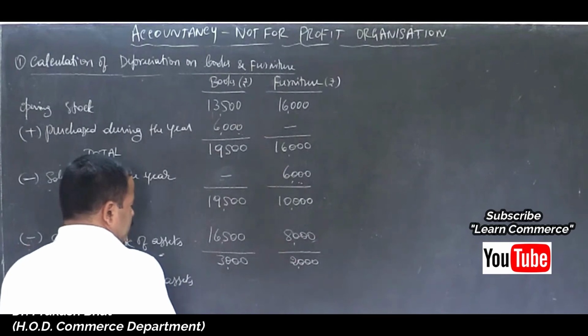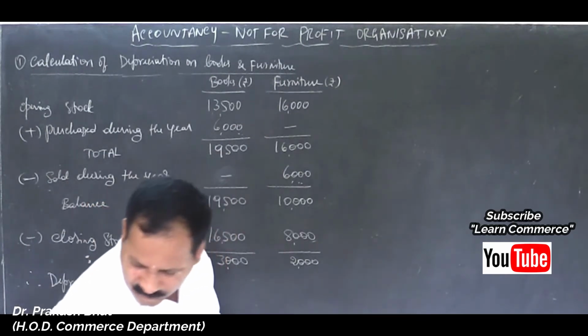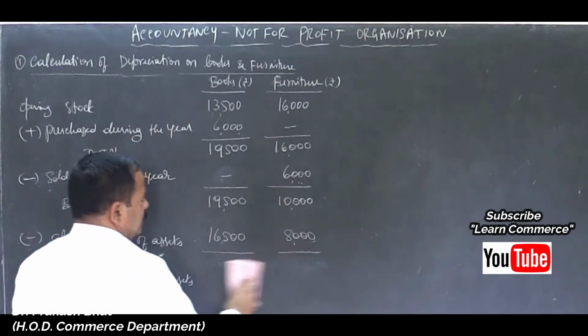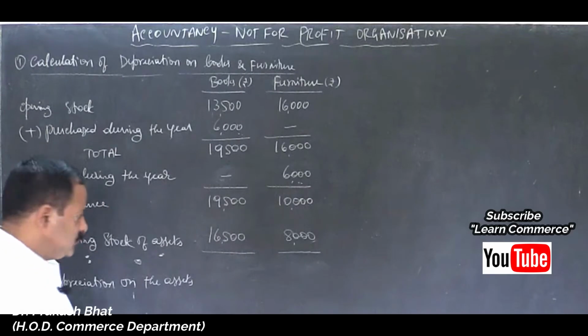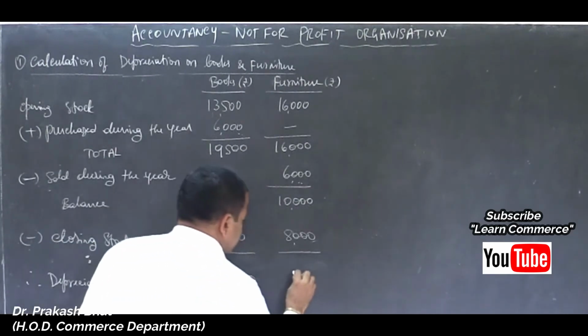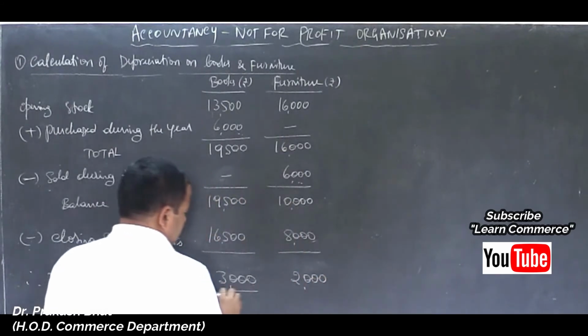Depreciation on books and furniture: right here 3,000 and 2,000 in front of that. That is the difference, correct?